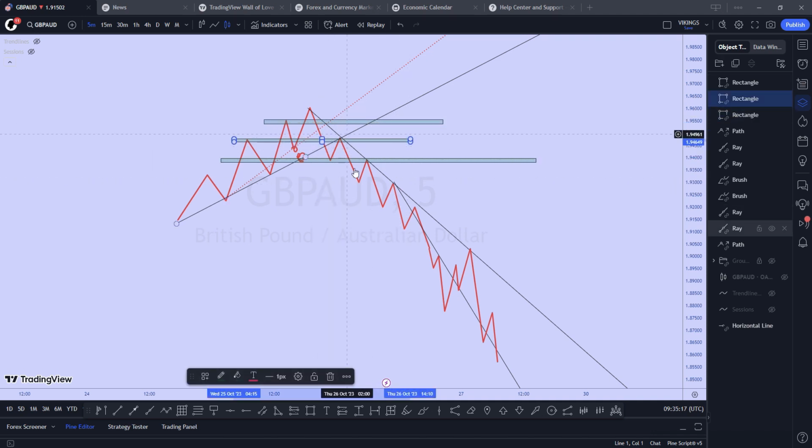Before we broke the support, we retested, then we started trending down. So a broken support becomes a resistance. This was a support. When it got broken, it becomes a resistance. But I'm not showing support and resistance right now. I'm only teaching about trend lines. So your trend lines should have a main and a sub trend line.